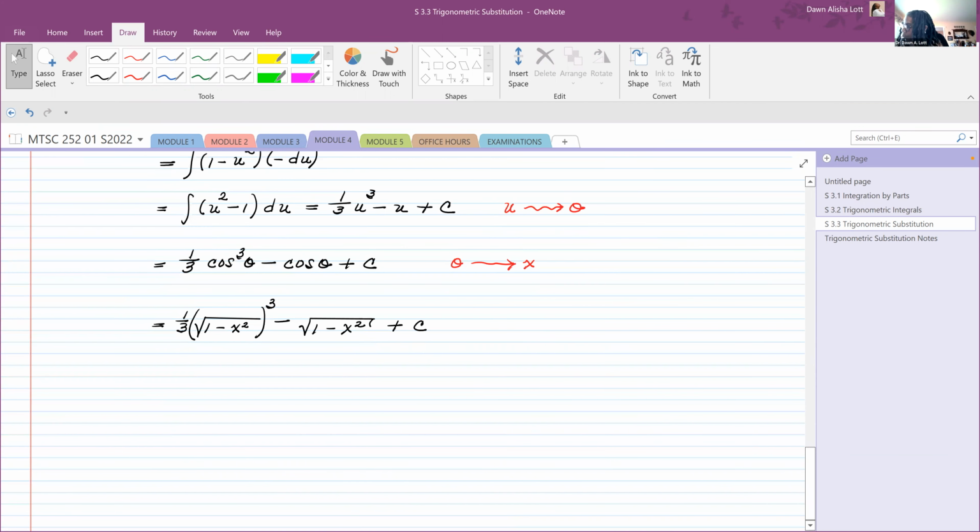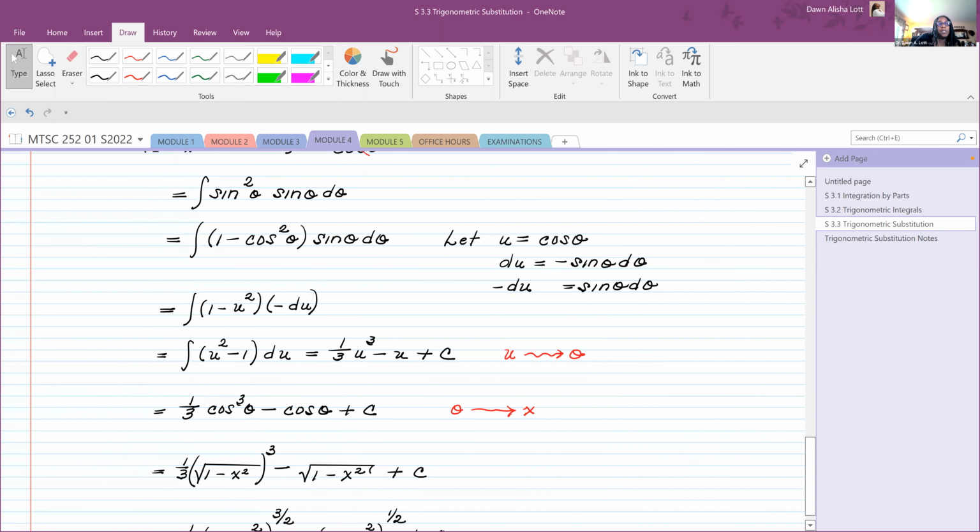So this answer becomes 1/3 (1 minus x squared) to the 3/2 power minus (1 minus x squared) to the 1/2 power plus a constant. Okay, so we started in x, I'm back to x.